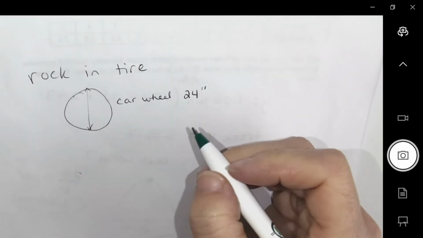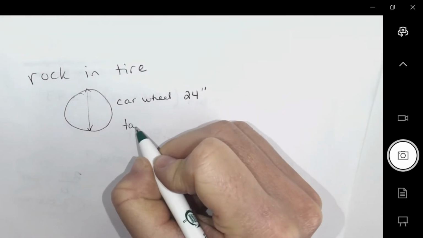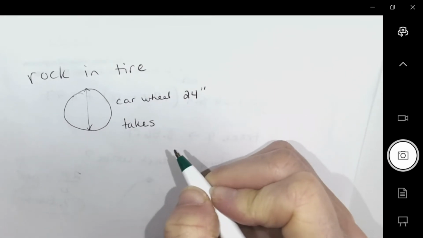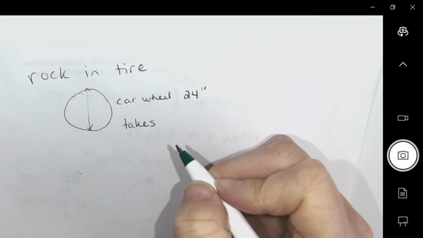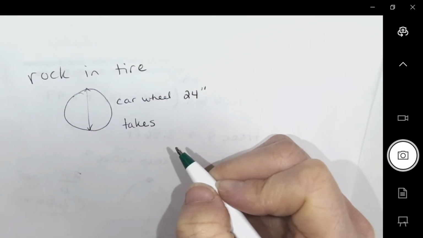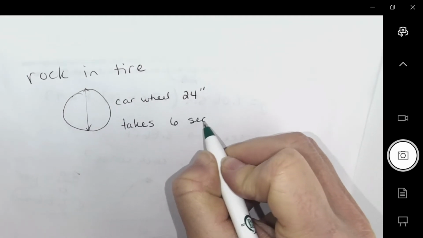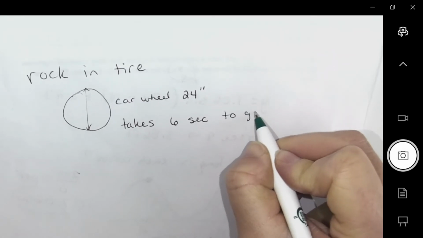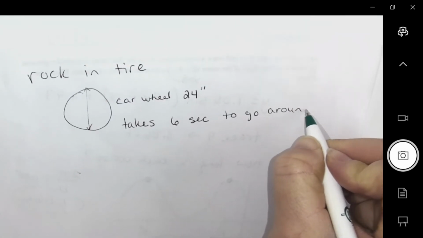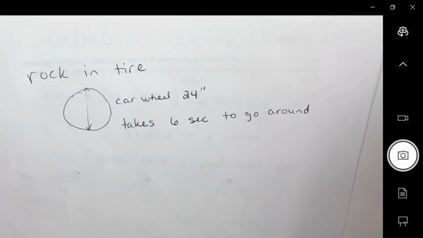How many seconds does it take to go around in a wheel? Probably not very long. 6 seconds. You're driving pretty fast. Okay. It takes 6 seconds to go around your whole wheel.